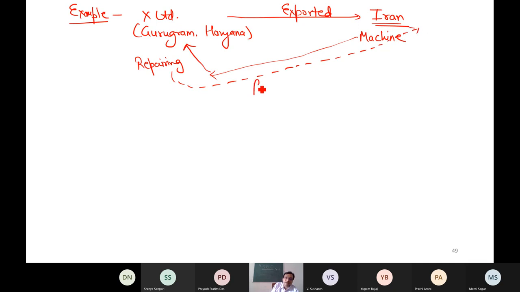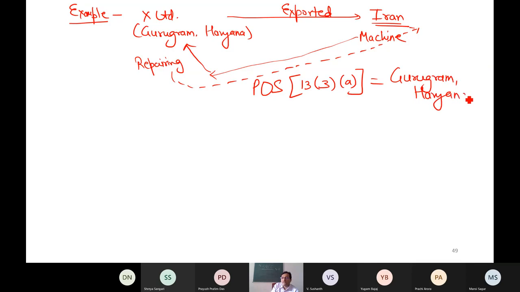Now in this case, what is the place of supply? Had you applied 13 subsection 3 clause A, what answer would you have given? Gurugram, Haryana, which is wrong. I cannot apply section 13 subsection 3 clause A in such cases where machines or goods are imported for repair, for treatment or for process and, without being put to any use other than the use which is necessary for this repair, treatment or process, the goods are exported.